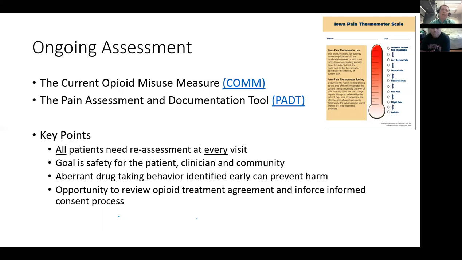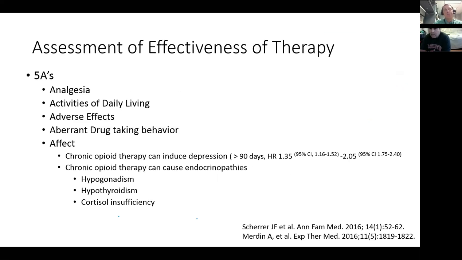How are they handling adverse events? Is there presence of aberrant drug-taking behavior that we need to try and nip in the bud as quickly as possible? And an ongoing opportunity to, again, review what the rules of the road will be as far as continuing to manage opioids for these patients.